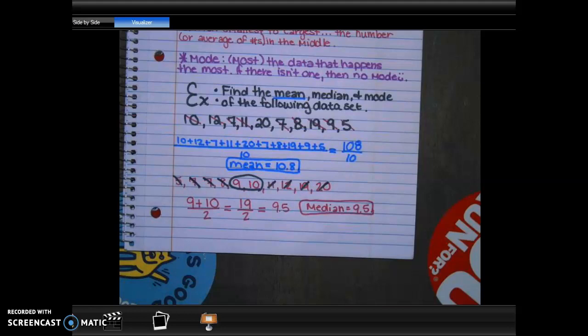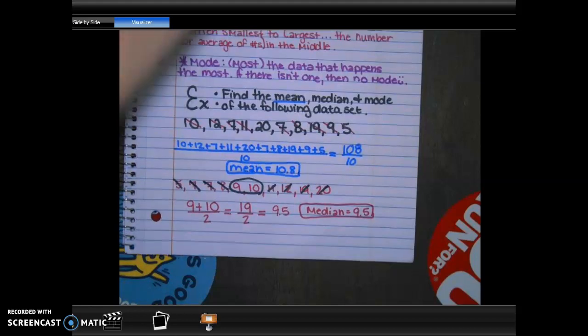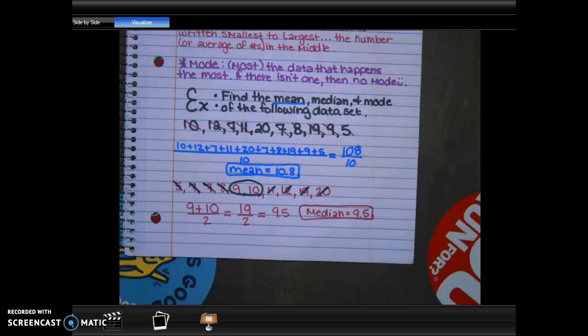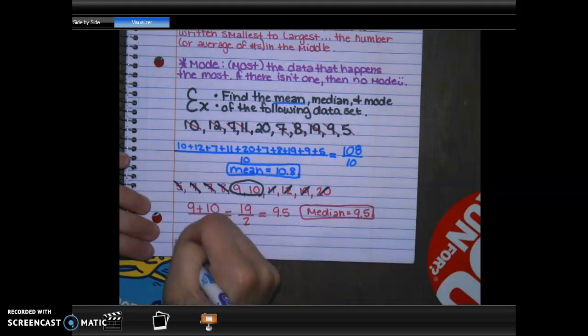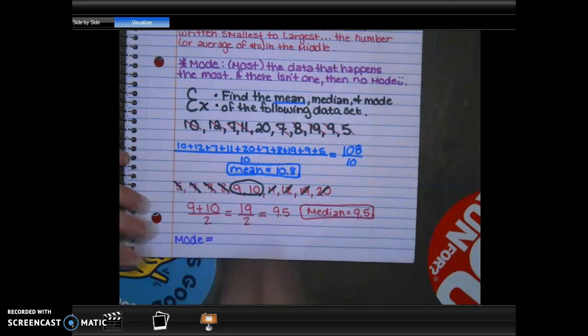Okay. And then our last one, we're going to talk about mode. What happens the most? Now, if there is not a number that shows up more than once, if all of them just all end up showing up just one time, then there is no mode. And you would write no mode, okay? Or no if you want. Otherwise, if there's a number that shows up more than once, whichever one shows up the most is your mode.